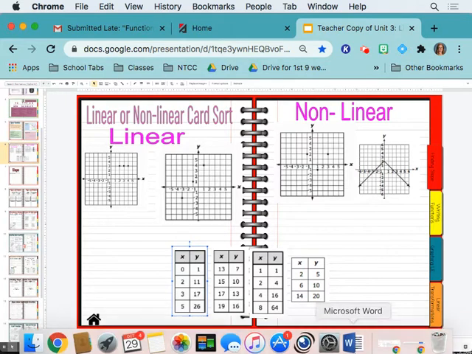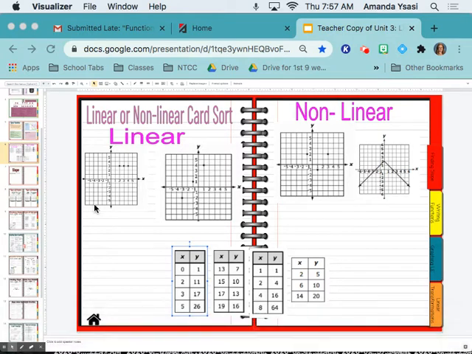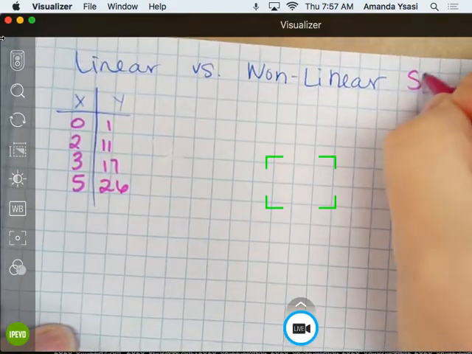So let me pull up mine. This is slide 6.